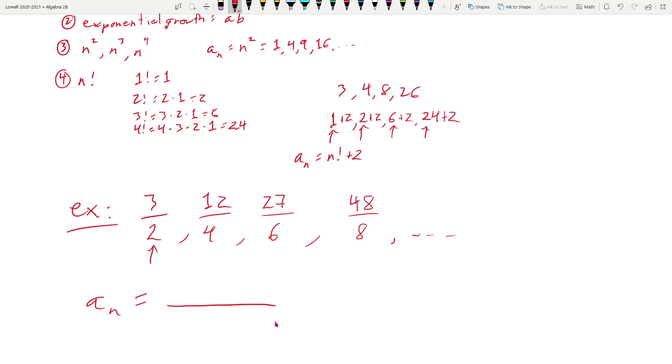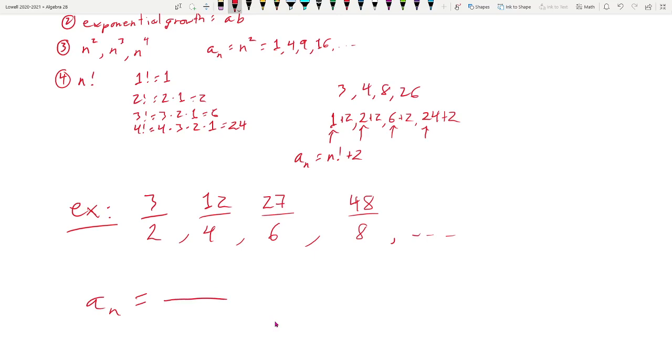I don't actually care that this is 1.5 or that this is equal to 3 or that this is equal to 4 point something. I can really just get the equation. It's probably going to be easier most of the time, I suppose not all the time, to look at the numerator and denominator as 2 separate sequences.